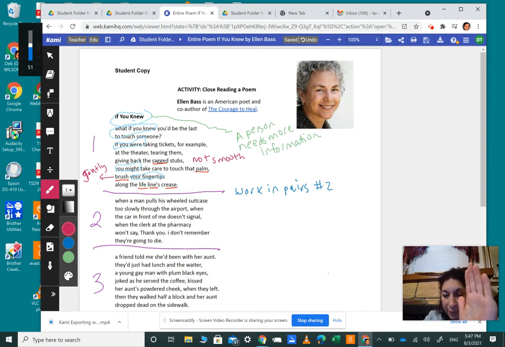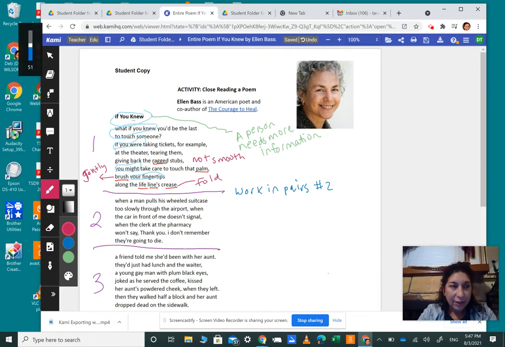So you have some creases. See the crease in my hand? That's a crease. What is that? A fold, right? So this word means fold. And lifeline. When I think of lifeline, I think of a life preserver.